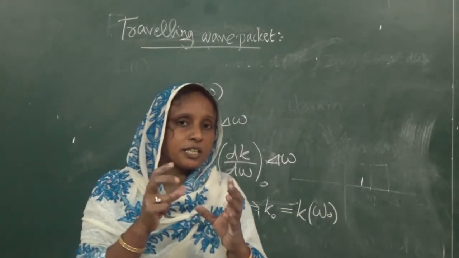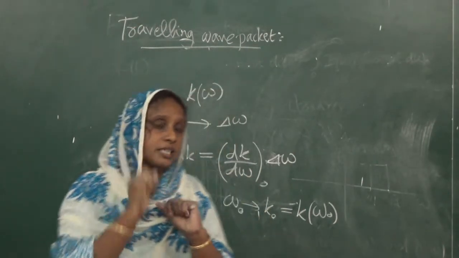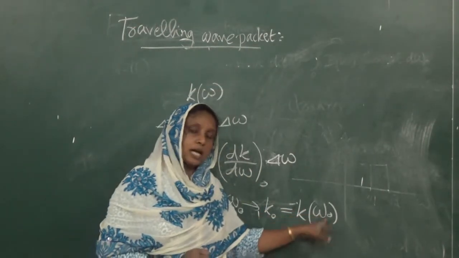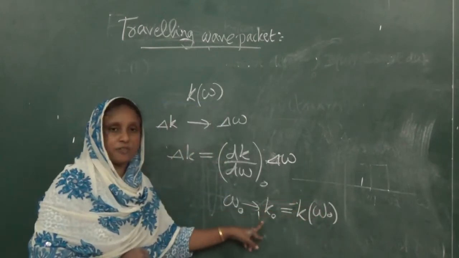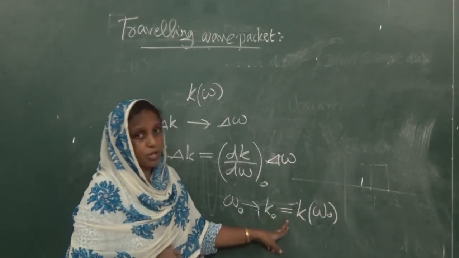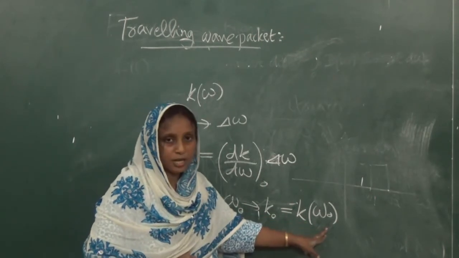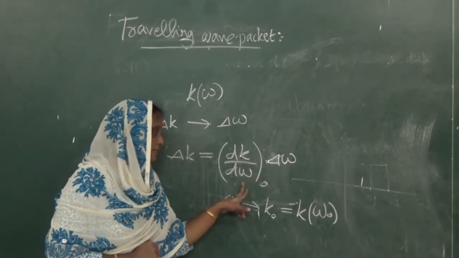So our frequency band delta omega has a center frequency omega 0. Corresponding to this center frequency, there is a center wave vector k0 such that k0 equal to k of omega 0. So what does this expression represent?